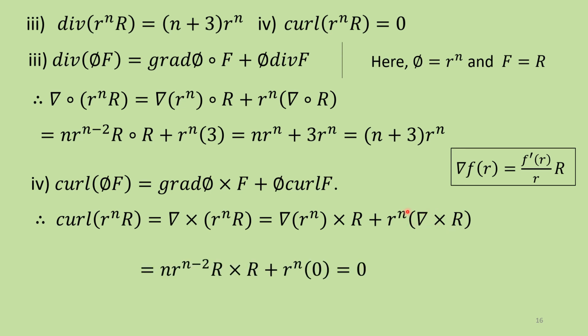So this gives 0. Here del of r power n is n r power n minus 2 into vector r, cross r. But r cross r is 0, so this is also 0. So 0 plus 0, the answer is 0, as expected. So the divergence of r power n into r is n plus 3 r power n, and the curl of r power n into r is 0.